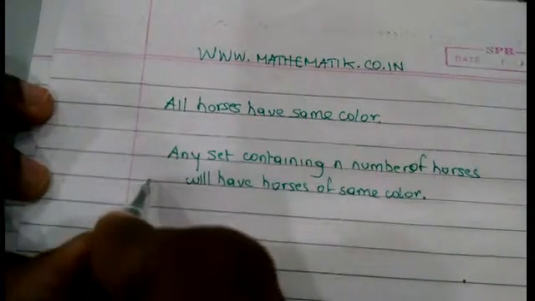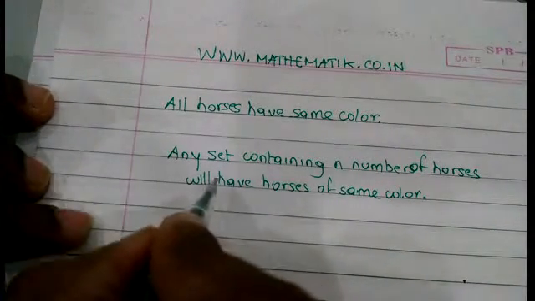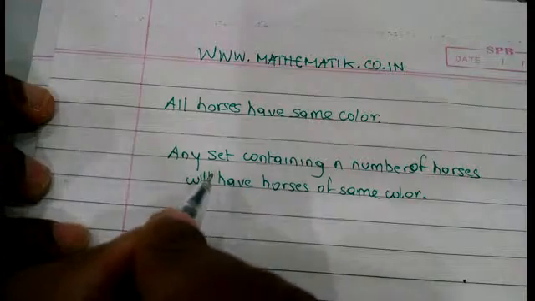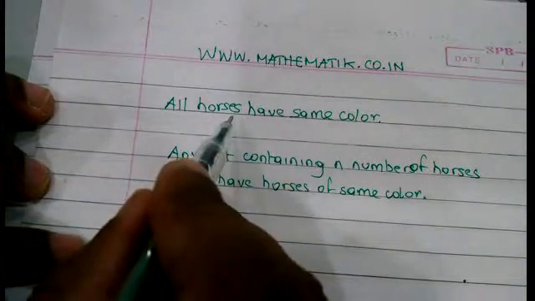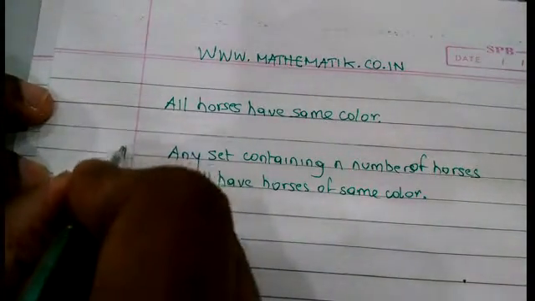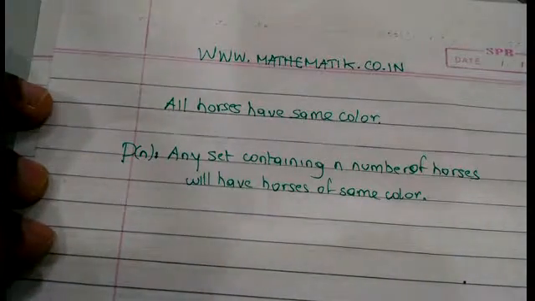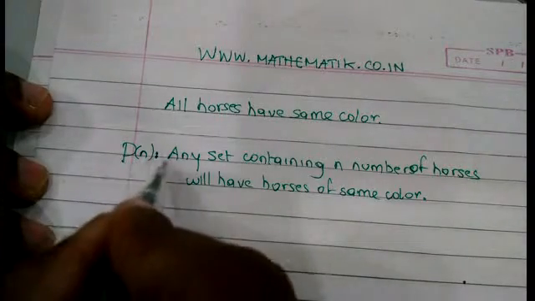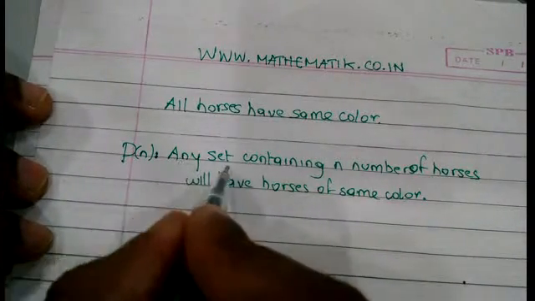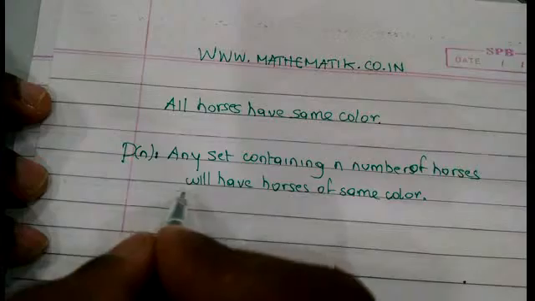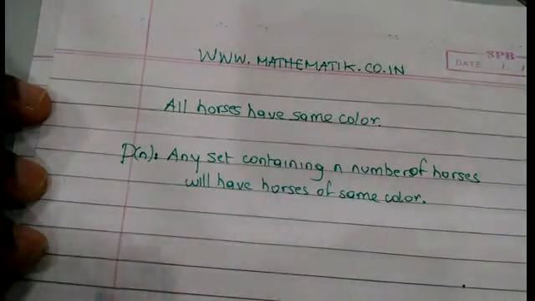So this second statement is the mathematical equivalent of the given statement. Let me denote the statement P of n as we always do in mathematical induction. So P of n represents the statement: any set containing n number of horses will have horses of same color.